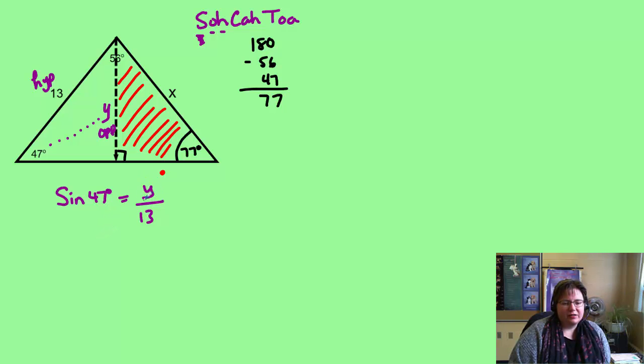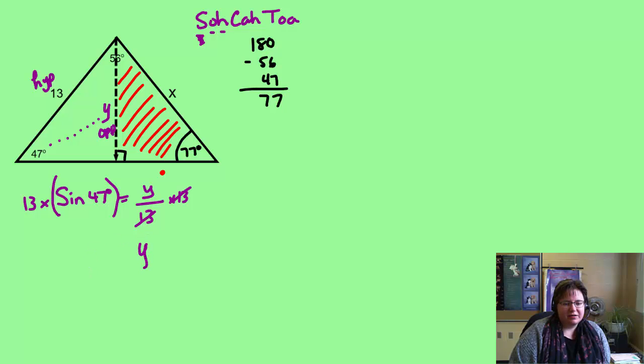Now, I want y on its own. Right now it's being divided by 13, so to undo that I have to multiply by 13 on both sides. That gets rid of this. It does not touch the angle at all because the angle is contained inside the sine ratio. I can't do anything with that other than type sine 47.